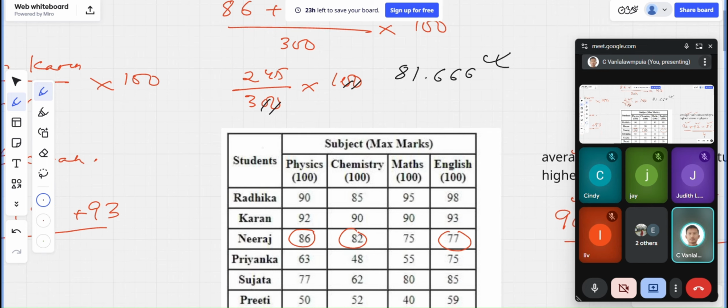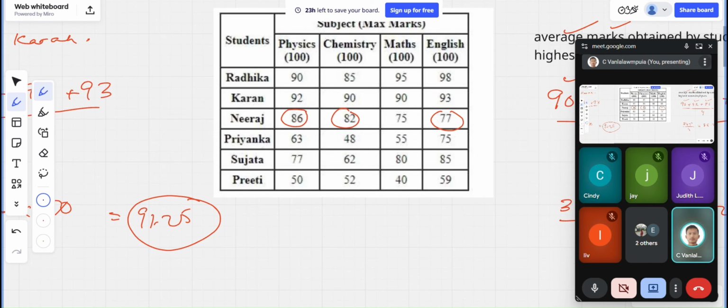It's so easy, right? Now, do you know how to find out aggregate? They are asking which of the following has the highest aggregate marks in the four subjects. Aggregate means like average. So the highest aggregate in the four subjects among the six students. Just find the highest aggregate. I'll give you 20 seconds.